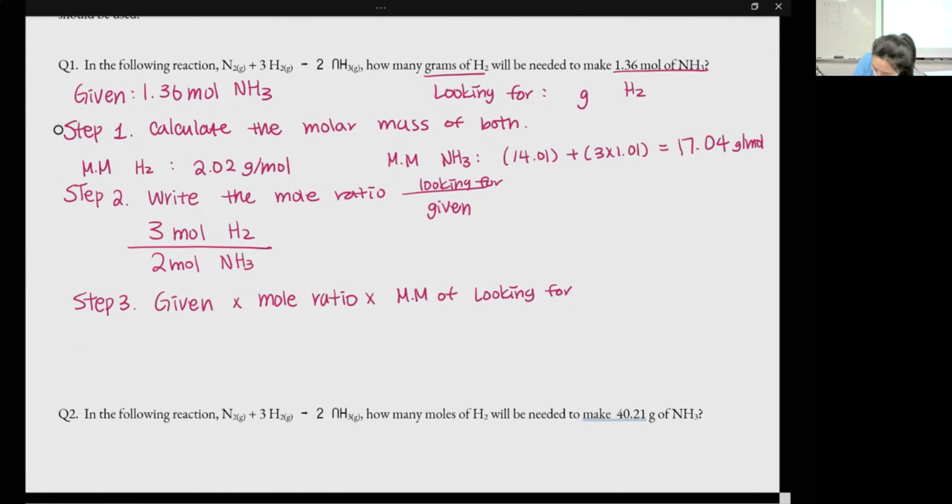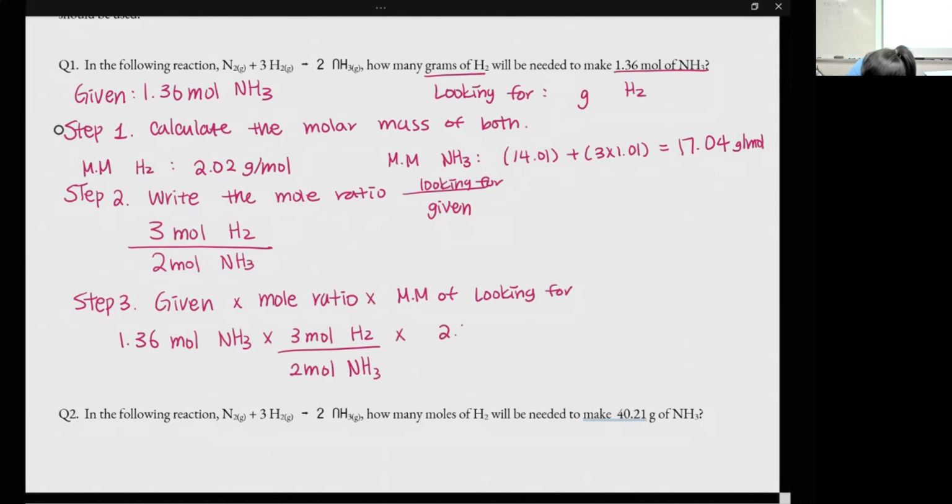Our given is 1.36 mole of NH3 times the mole ratio, 3 moles of H2 over 2 moles of NH3, times the molar mass of H2, so 2.02 grams of H2 over 1 mole of H2.